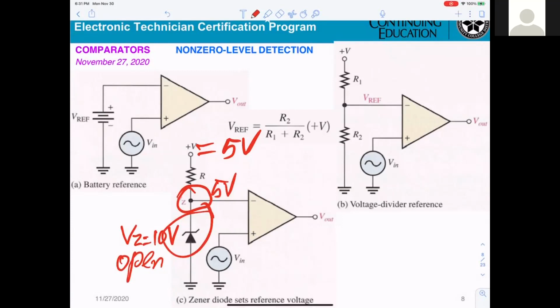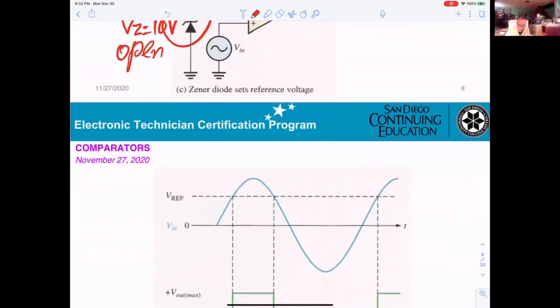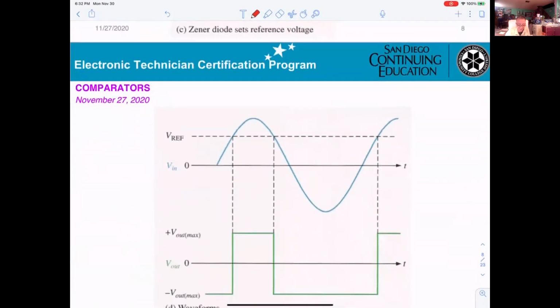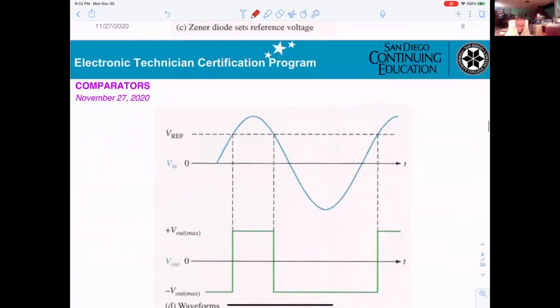And since that's open, there's no voltage drop across the resistor. Nothing. That is the key point. If they do not break down, they are not normally on. They must be open. It looks like no zener there. They just draw that for you from the other circuitry.